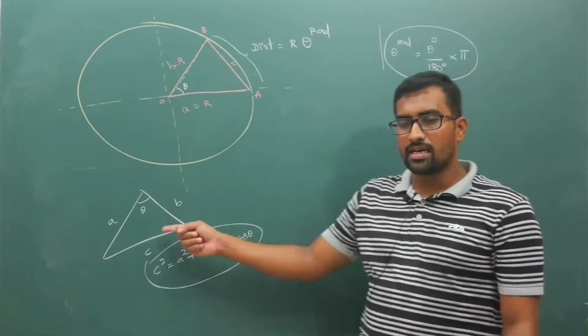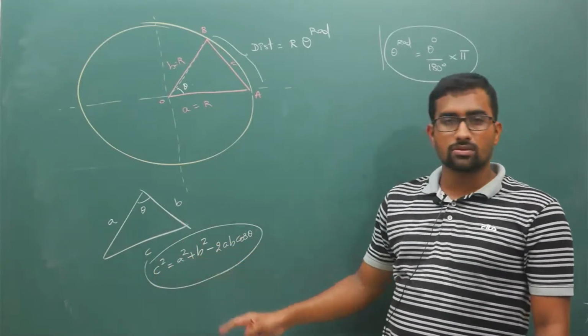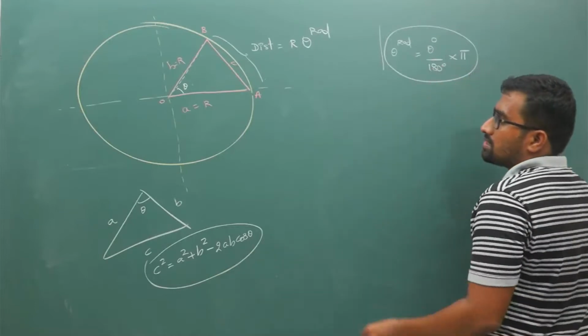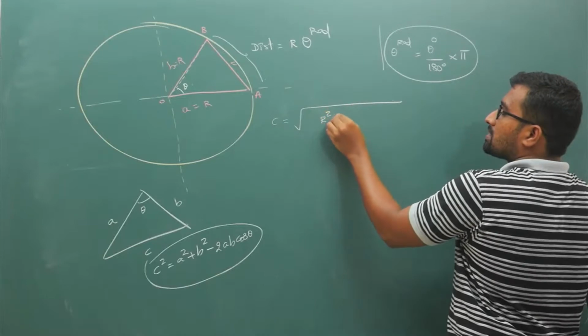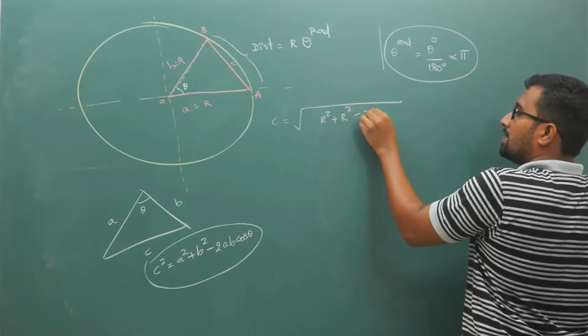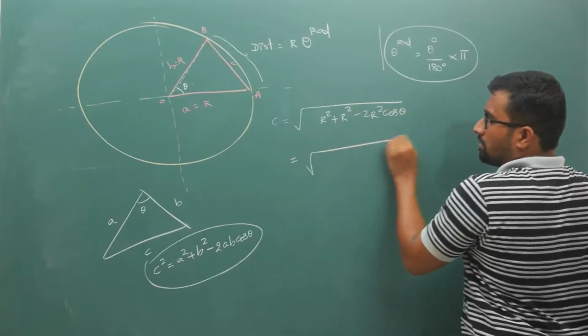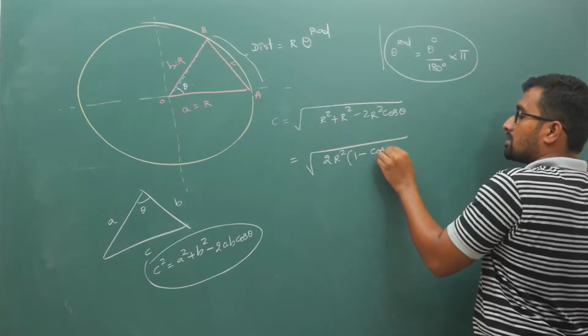For example, if theta is 90 degrees, this will become a right angle triangle. So hypotenuse square is equal to A square plus B square. So using this relation, your C is under root r square plus r square minus 2r square times cos theta. So that will give you under root 2r square times 1 minus cos theta.